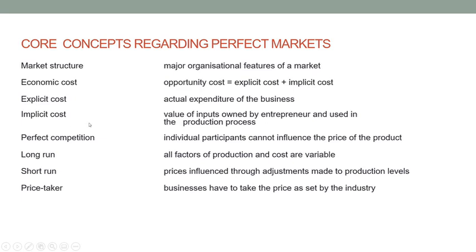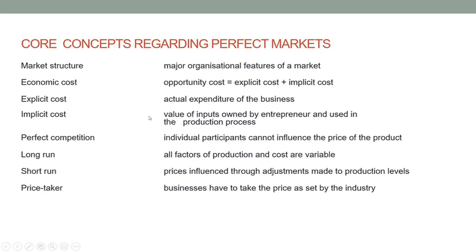Whereas your implicit costs, this is the value of the inputs owned by the entrepreneur and used in the production process. So, for example, I could have inherited some money from my grandfather and I can decide to either start a business, or I could have taken that money and invested it into a banking account or something.